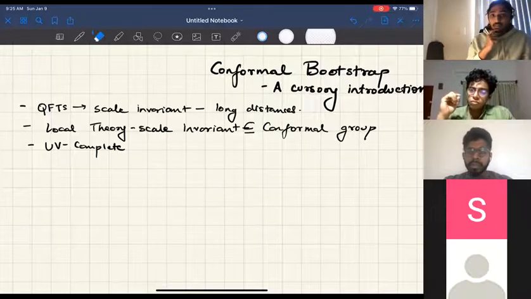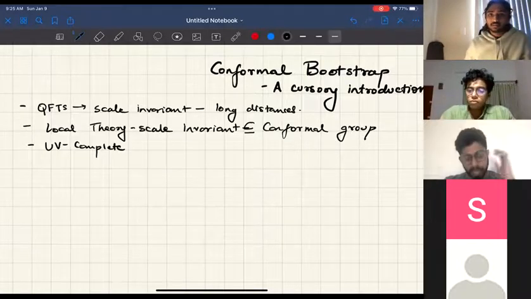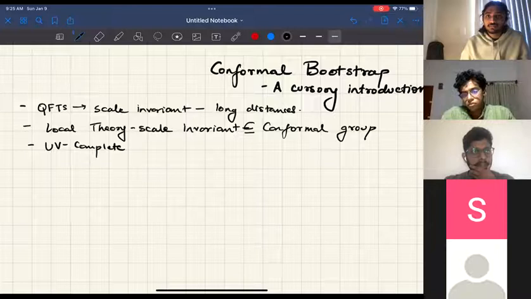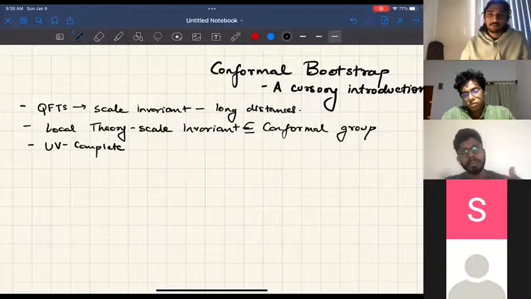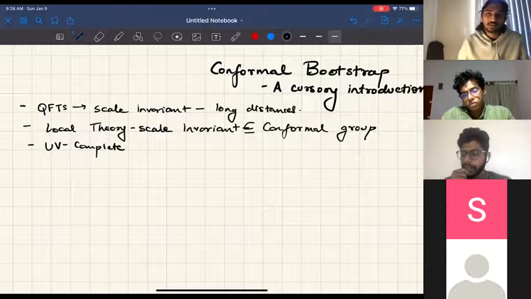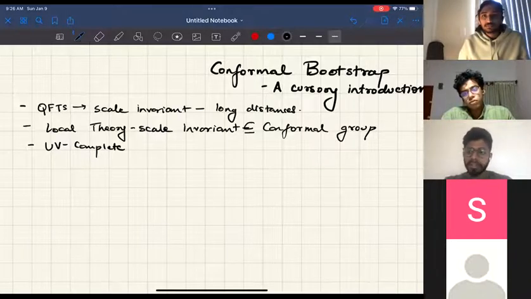Wait, so I had a small question. When you talk about some renormalizable QFTs that are scale invariant at long distances, but you still bring up the same notion for local theories, what sort of observables are you looking at when you bring in something at a local theory scale, which you also claim to have scale invariance?